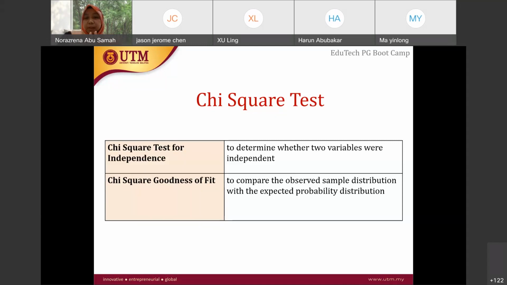So 25% of people will like the first house, 25% the second house, 25% the third house, and 25% the fourth house. From this we will see whether it is the same or maybe there is one house that is more preferred than the others. So this is the chi-square goodness of fit.